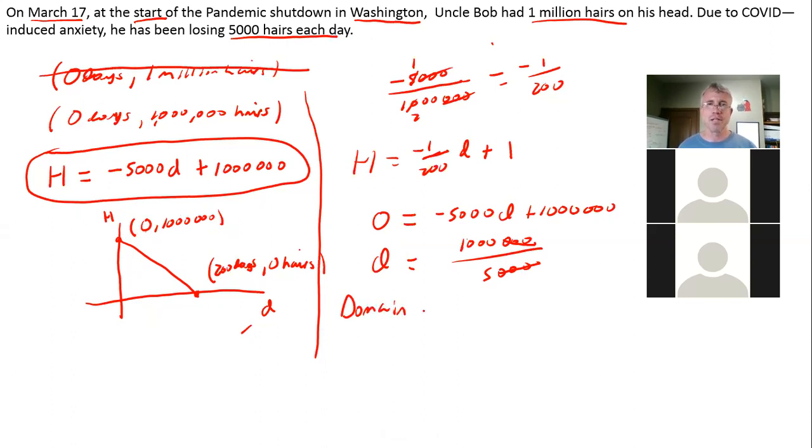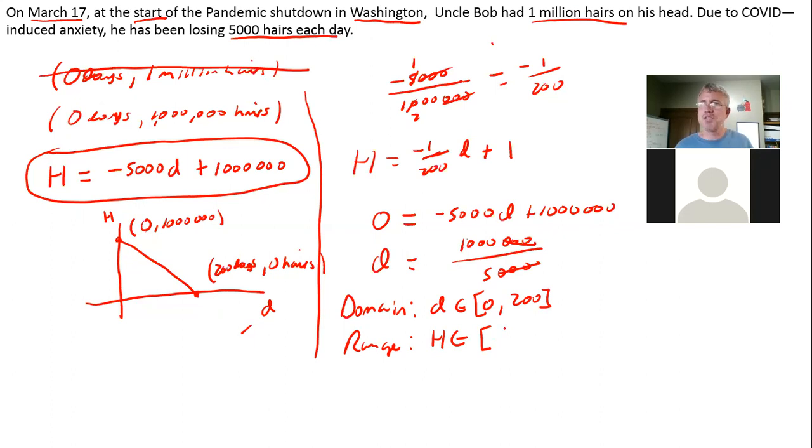The domain is the days get to run from day 0 to day 200. And the range is hairs are going to run from the smallest number first. They have to be in ascending order. You guys keep putting them like running from 5 to negative infinity.